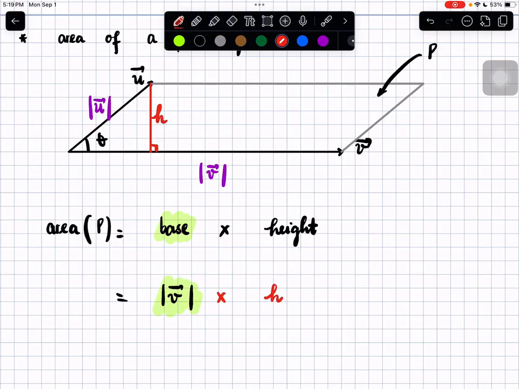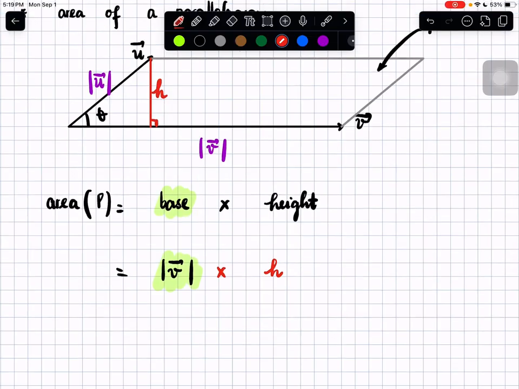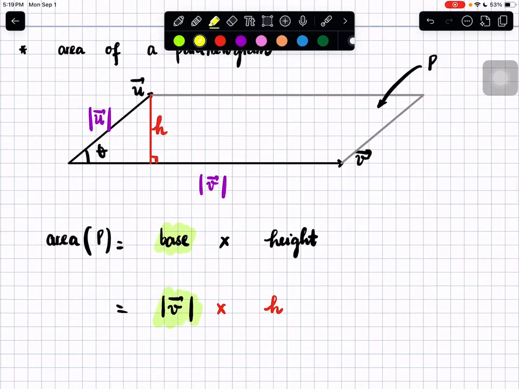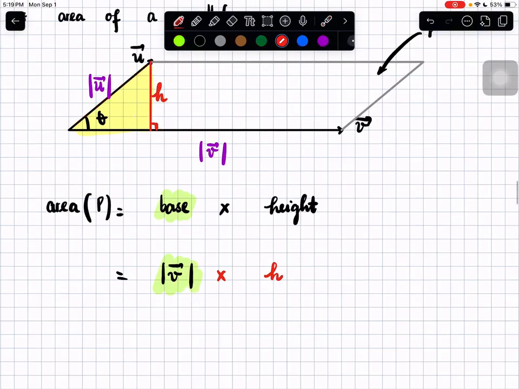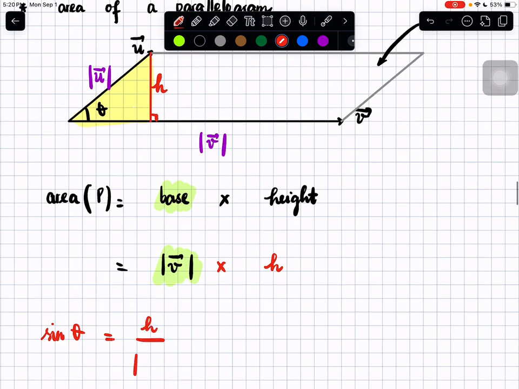Now we need to find h. Let's consider this right triangle. Sine theta is h divided by the length of vector u.